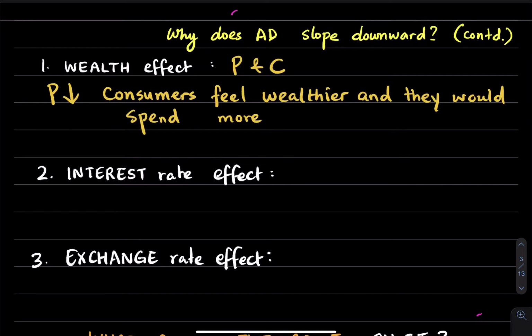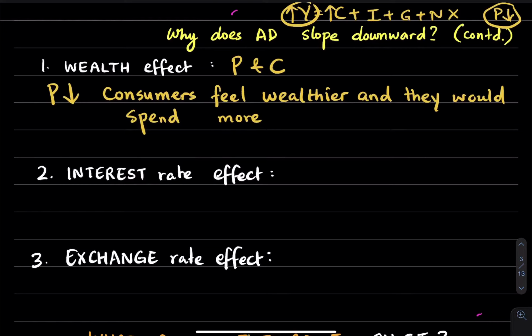When you think about that equation, Y equals C plus I plus G plus net exports, we know that if price falls, consumption goes up, and that would have a positive effect on Y, right? So price and output, which is Y, move in the opposite direction.